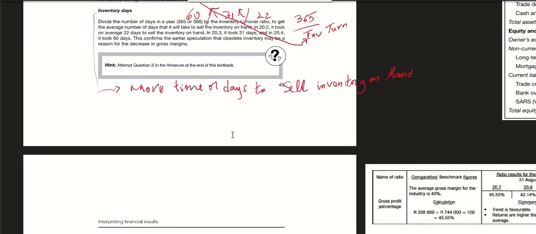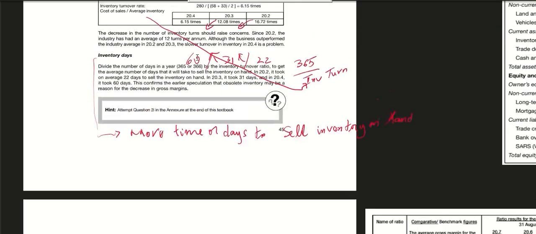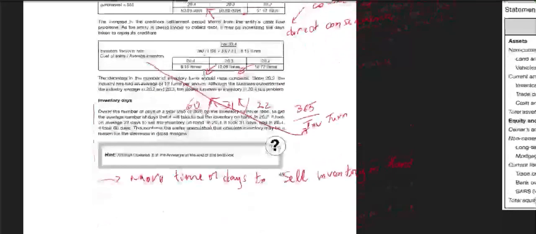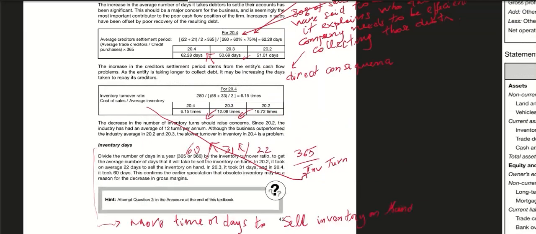So the inventory days, we are told, is we take the number of days in a year, 365, and divide it by the inventory turnover. In our case here, the inventory turnover rate for 2024 is 6.15 times, right?